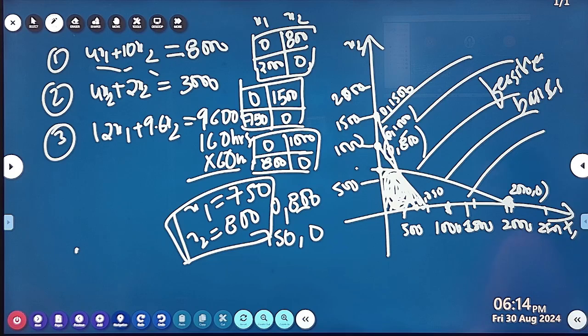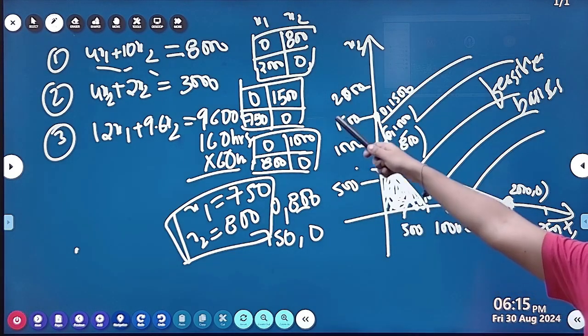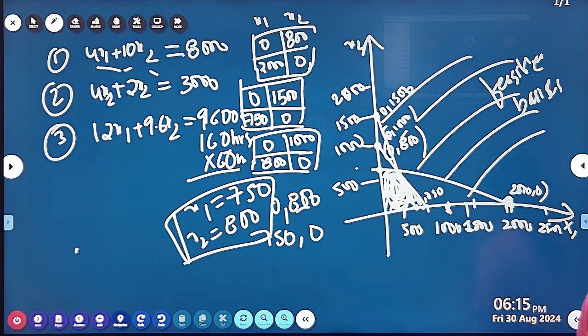Completed till here? So you need to put these x1, x2 values in the first equation or second equation. First put the x1 value, you will get x2 over there, then after that put x2, then you will get x1 again. So you will know the exact radius or calculator accuracy.